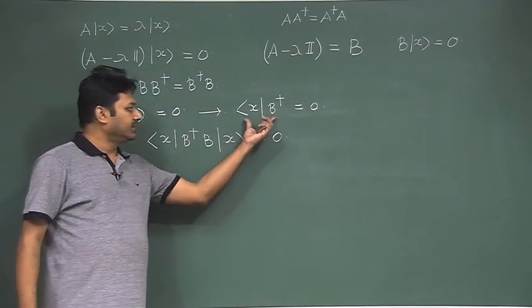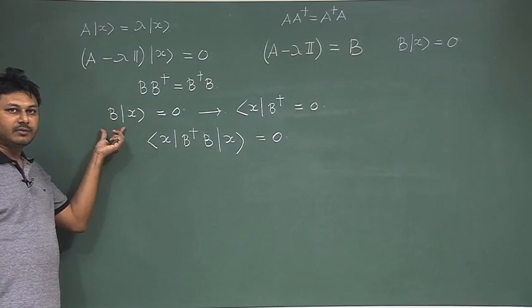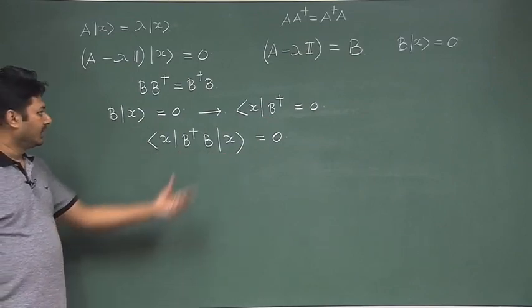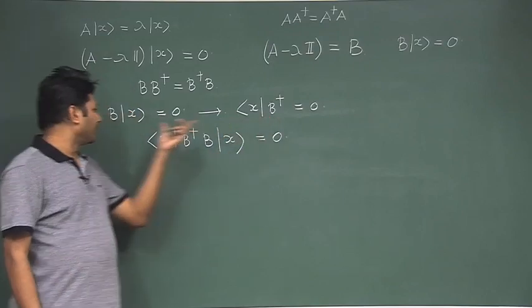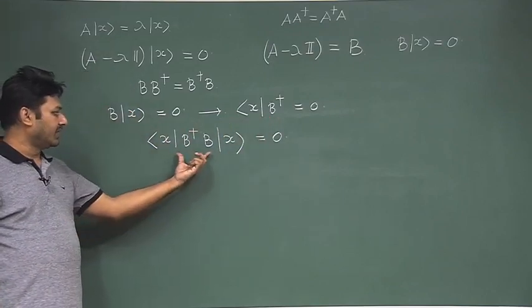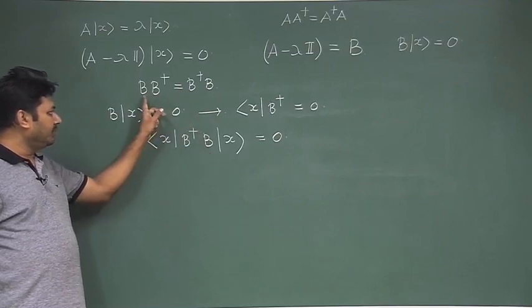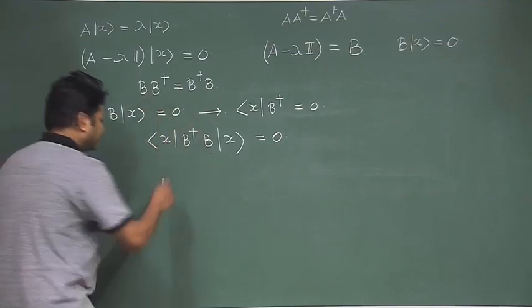I just make these operate over this from the left hand side and I get these things. Now, note that B B dagger is equal to B dagger B, so I am going to change that.